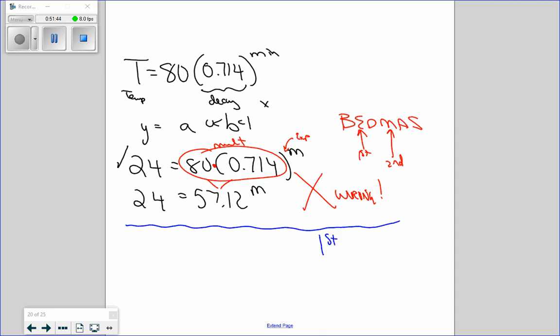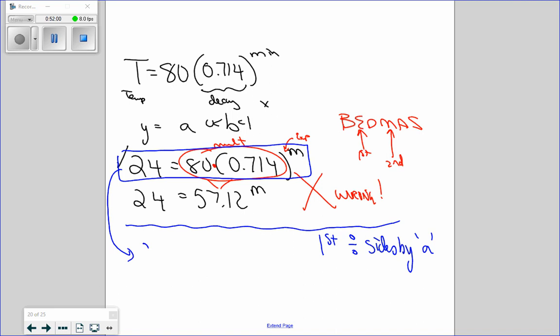First thing you're going to do is you're going to divide both sides by the a value. That is step 1. So what they should have done right here, they should have divided both sides by 80, and they would have been left with that.